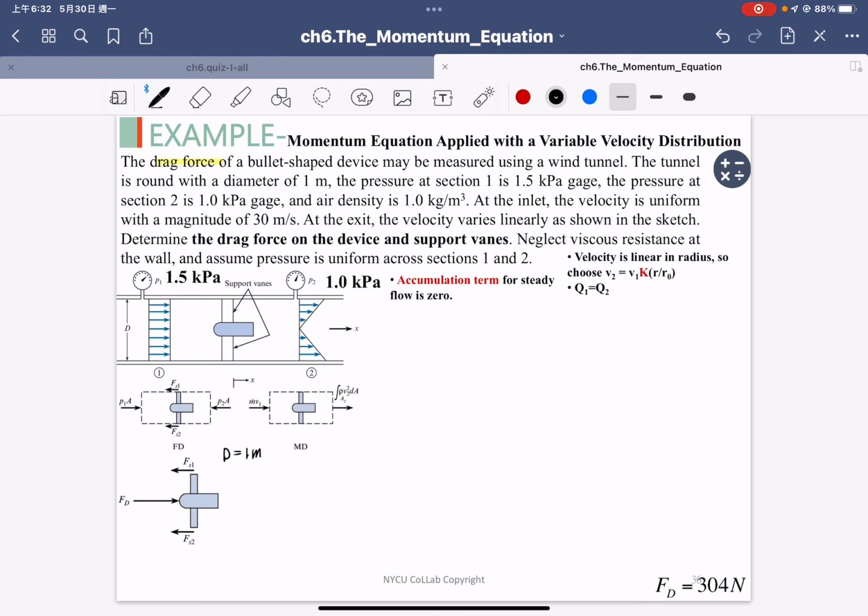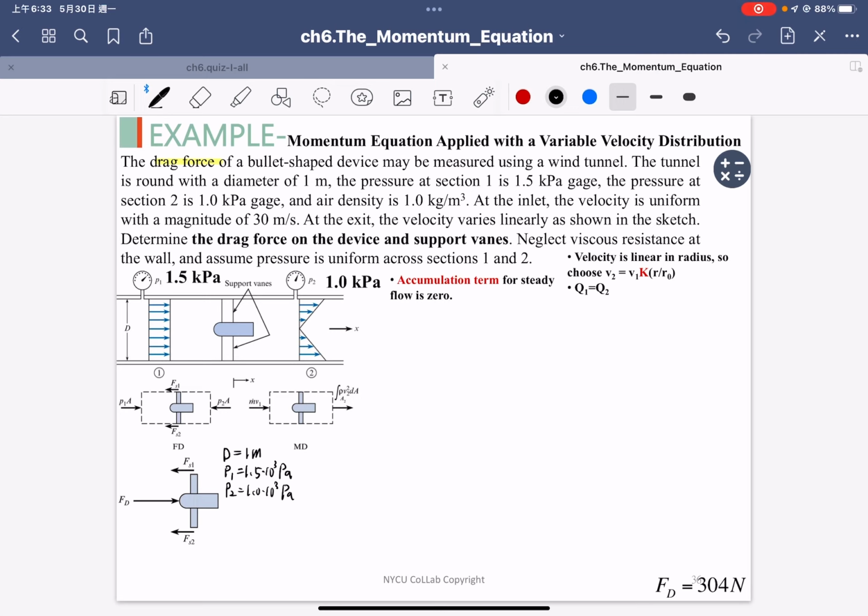Section 1 is the left-hand side, so it's the inflow. P1 is 1.5 kilopascals, and the pressure at section 2 is 1 kilopascal. All of the pressures are gauge pressure.